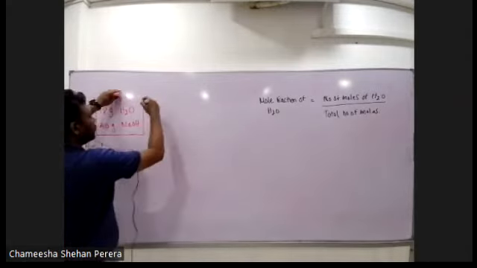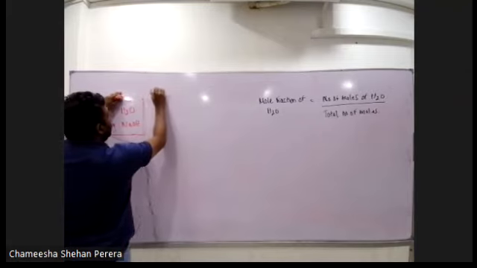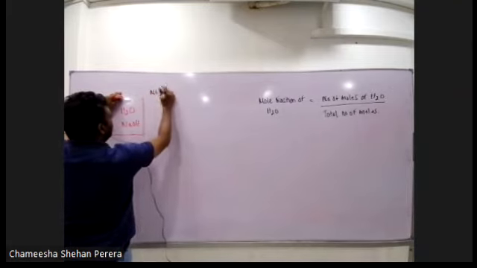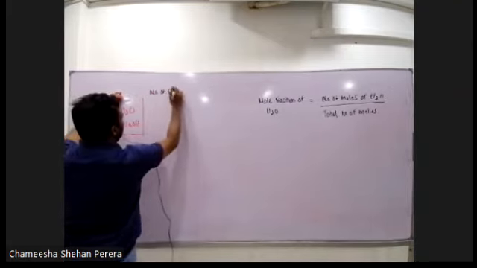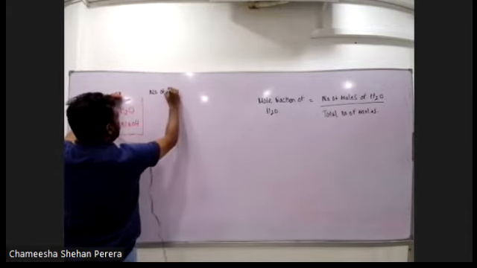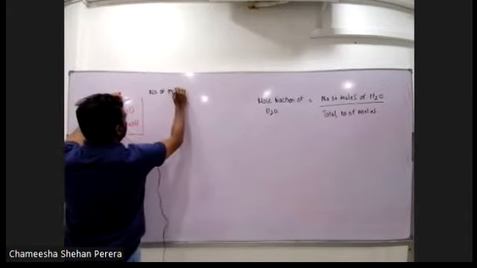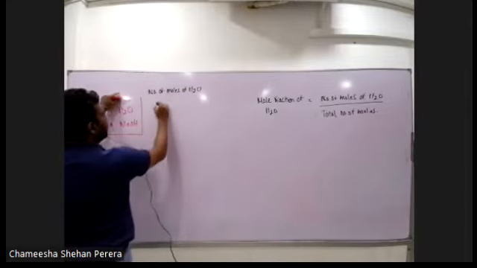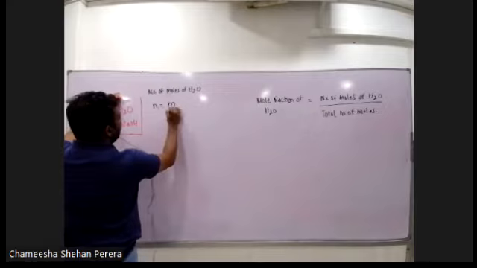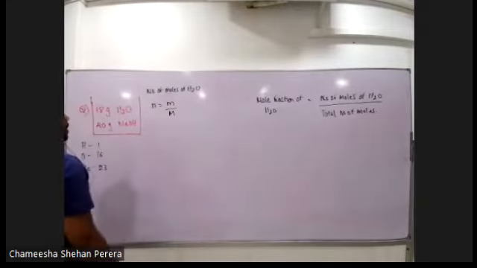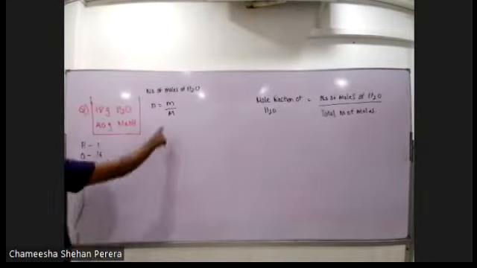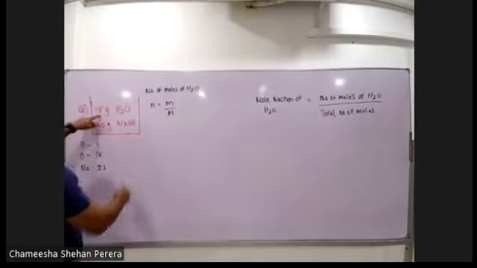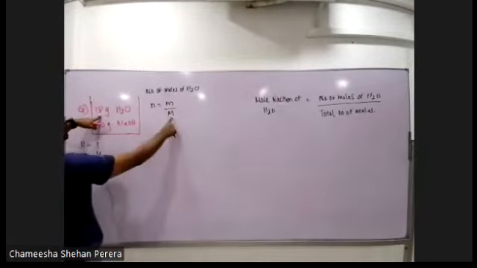First, calculate the number of moles of H2O. You have to use n equals m over M. Here, m is the given mass. You know the given mass of water, but you don't know the molar mass of water.